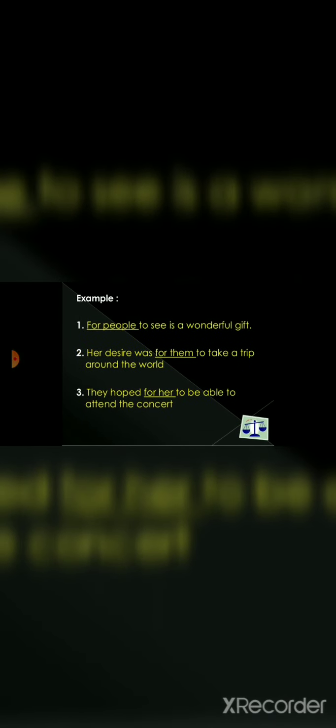Possessive form should be there. How it will come? Look at that. For example, for people to see is a wonderful gift. Her desire was for them to take a trip around the world. They hoped for her to be able to attend the concert.